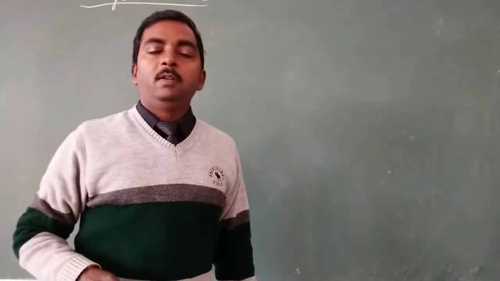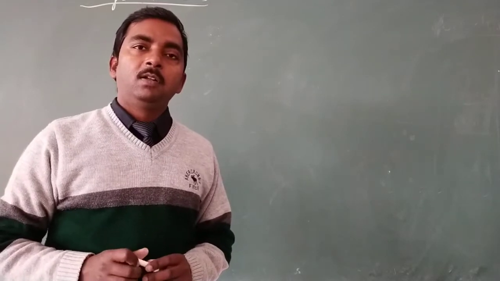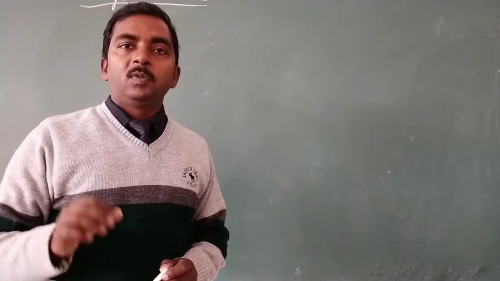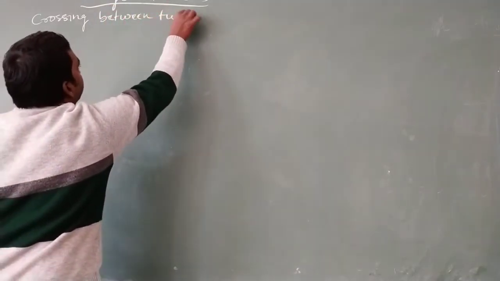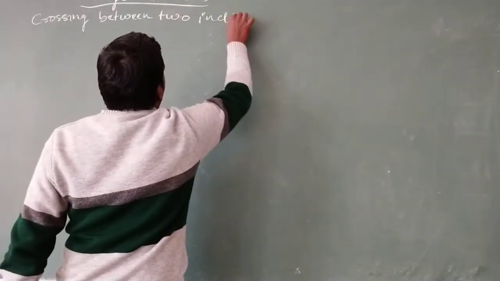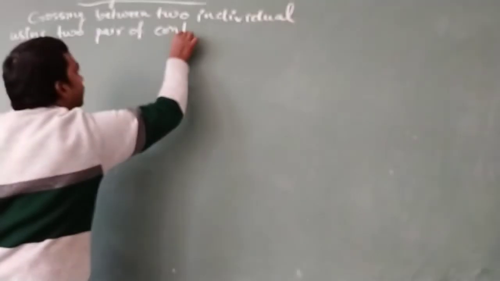We can define the dihybrid cross as the crossing between two genetically dissimilar plants of the same species by using two pairs of contrasting traits.